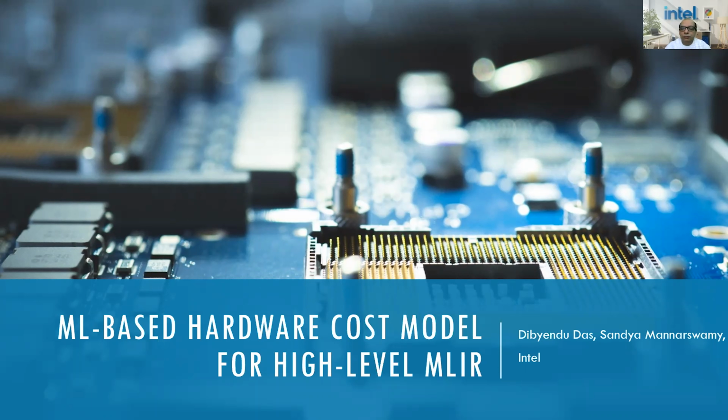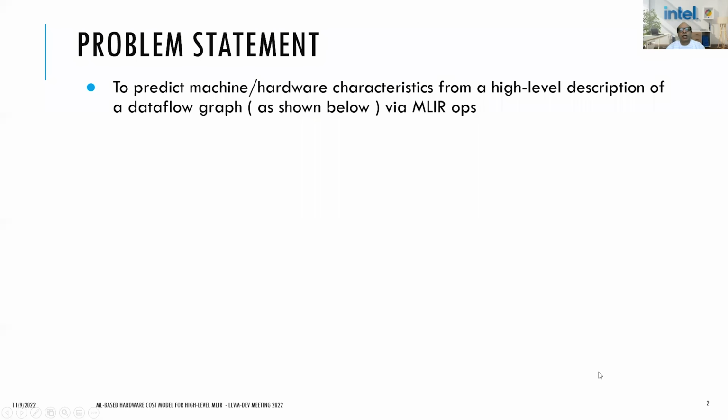So let's dive directly into the problem that we are going to talk about today. If you look at the problem statement, what you're trying to do is to predict machine or hardware characteristics from a very high level description of a data flow graph.